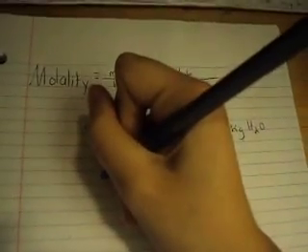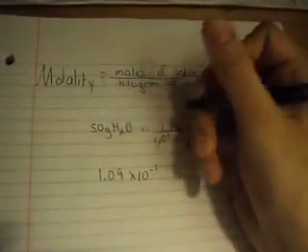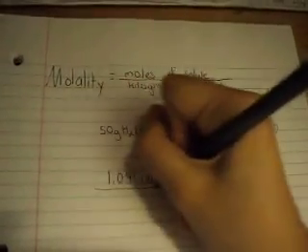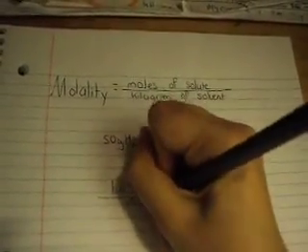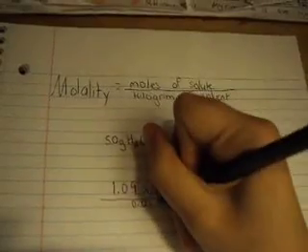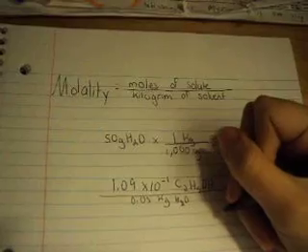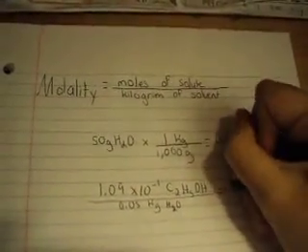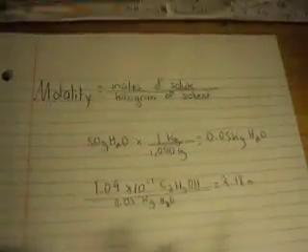The molality equation will then be moles of ethanol, 1.09 times 10 to the negative 1, over kilograms of solvent, 0.05 kilograms H2O, giving us a molality of 2.18, small one.